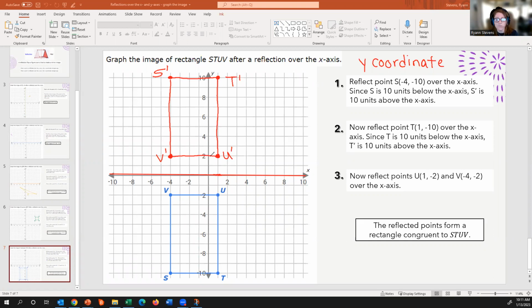The orientation might be different, but it is still going to hold the same lengths of the sides, the same angle measures if we really got into those parts of this shape. The only difference you could really see is that S and T were on the bottom of this rectangle, and now it appears that they are on the top. So this is where you can tell that it does change the orientation of the way the shape looks.